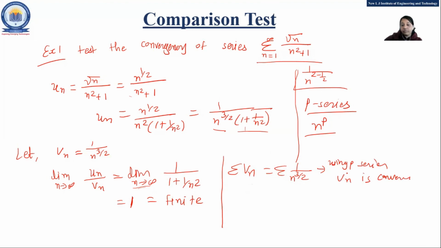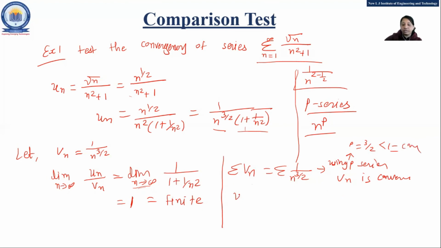How? The format is n raised to P, so what is our P? P is 3 by 2. So P is greater than 1, and obviously it is convergent.